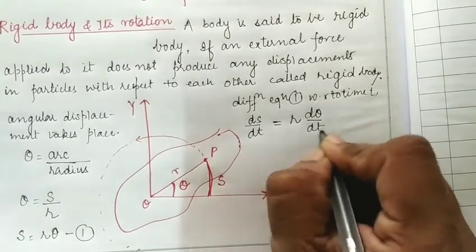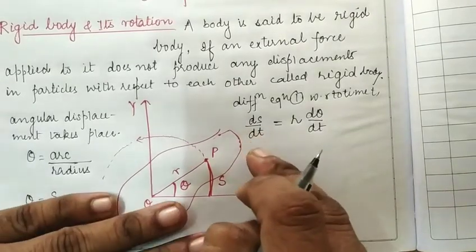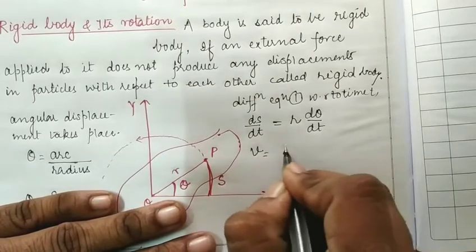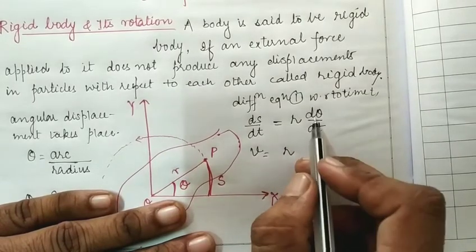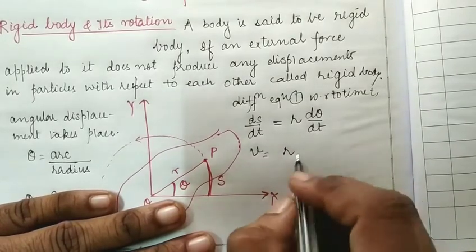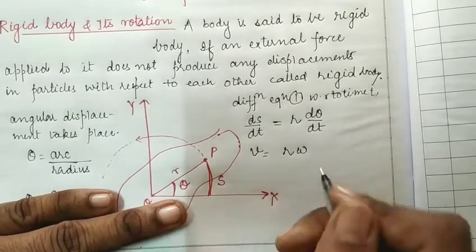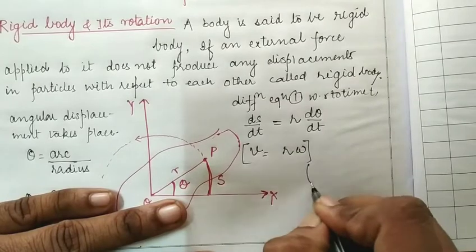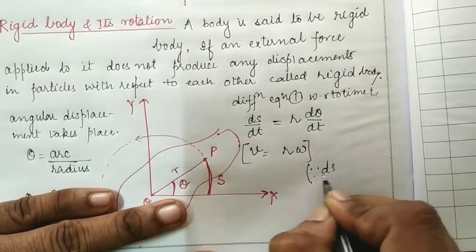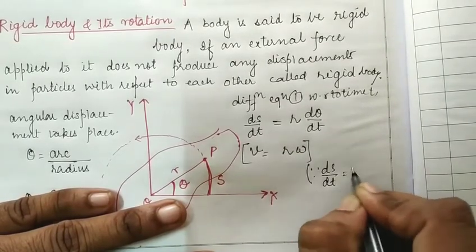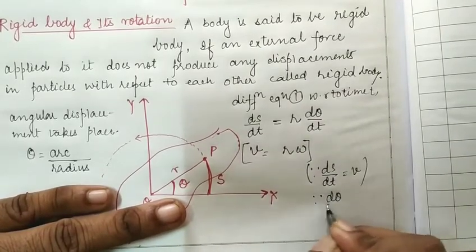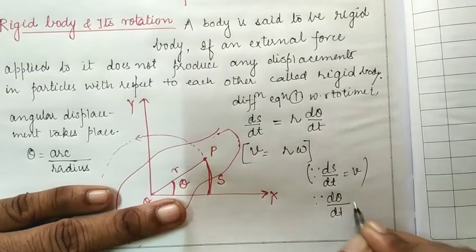Students, since we know that the change in displacement with respect to time is known as linear velocity, and the change in angular displacement with respect to time is known as angular velocity.